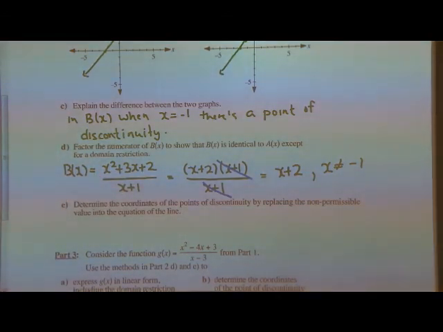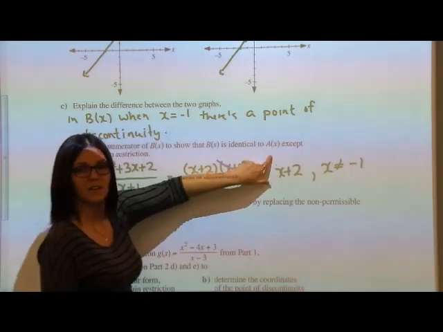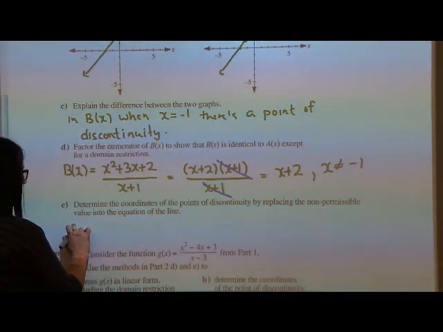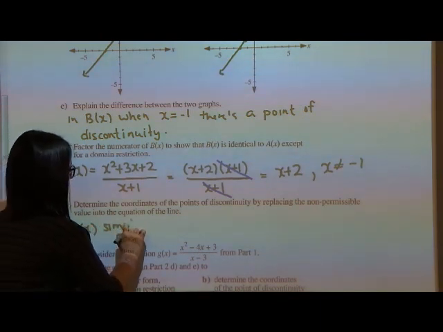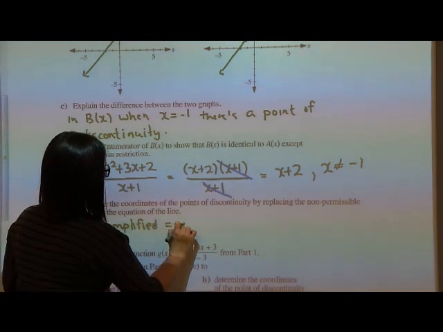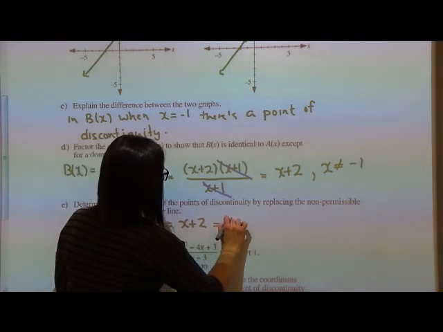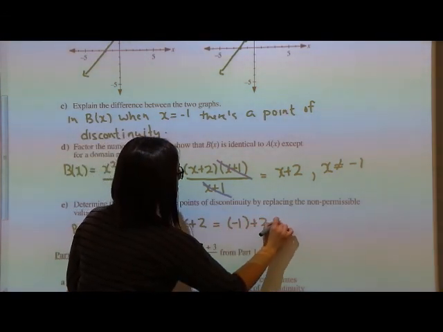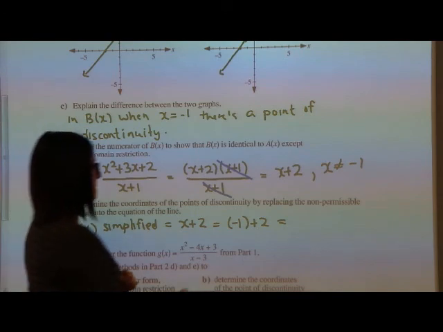So we can determine the coordinates by placing the non-permissible value into the equation of the line. This is the equation of the line. So if we substitute, b of x simplified is x plus 2. If we put in the non-permissible value of negative 1, I get negative 1 plus 2, which equals 1.